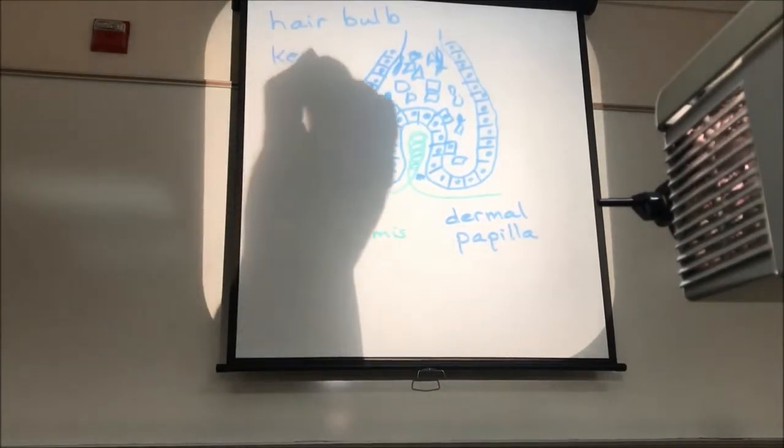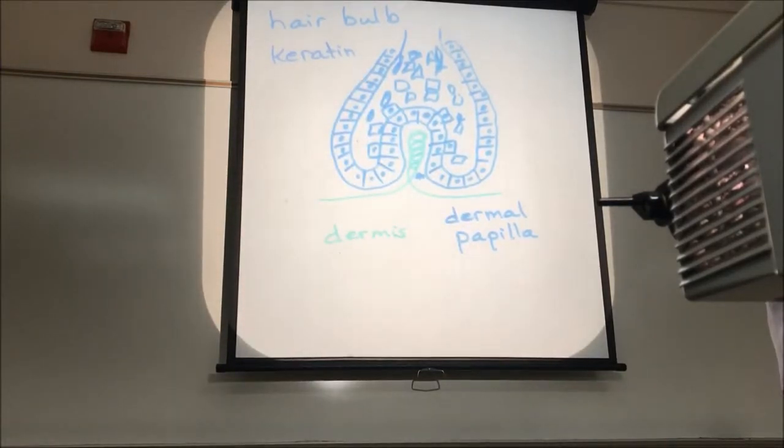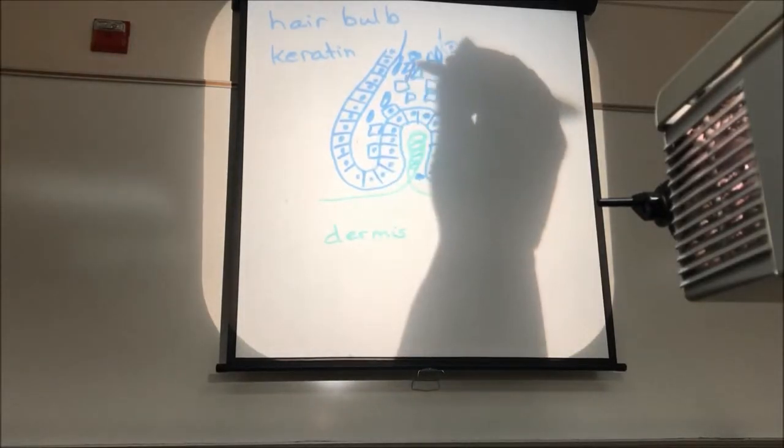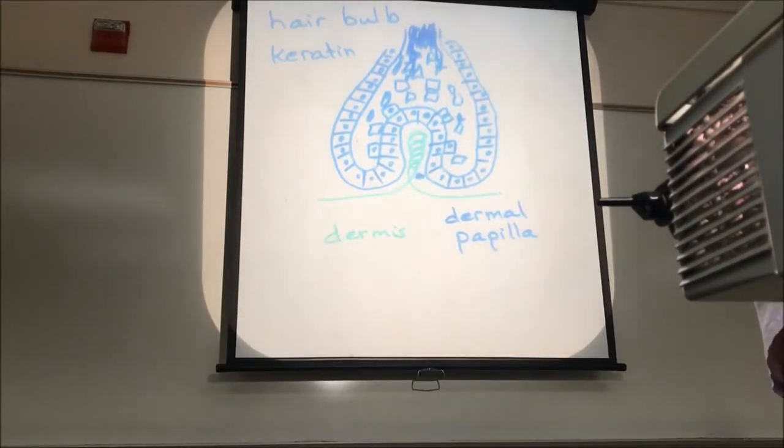They make that same protein keratin. So as these cells from the hair bulb mature, they're making keratin, they're becoming dehydrated, they're flattening out and compressing together. And so as these cells get squeezed together and die, they're going to form the hair shaft.